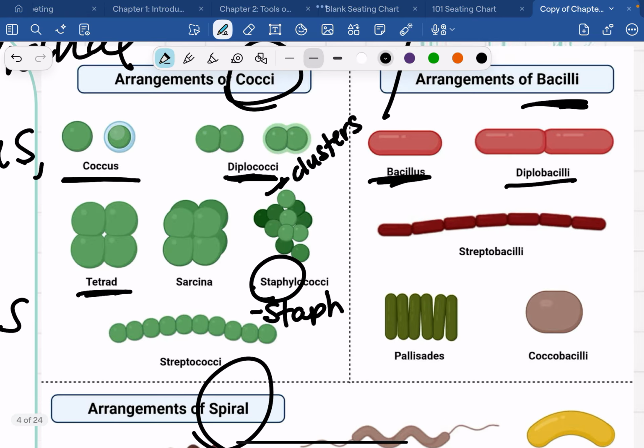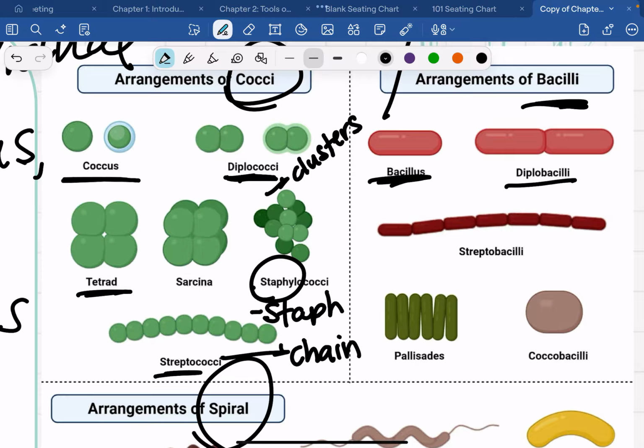Okay, and then our last one that you have to know is strep. And strep means many bacteria forming a straight chain. So strep, the word we kind of associate with that is chain. So staph, we talk about clusters. Strep, we talk about chain.